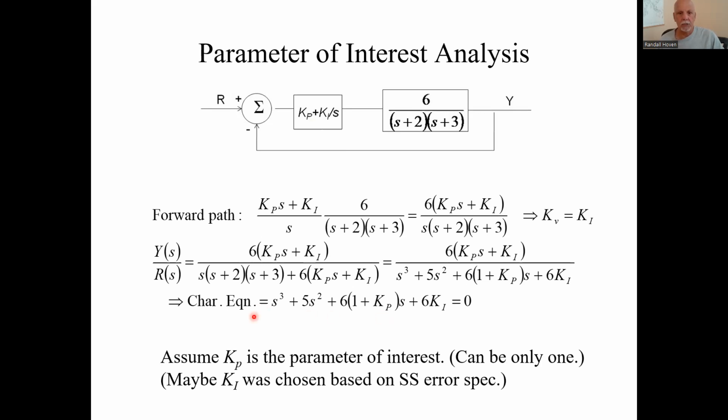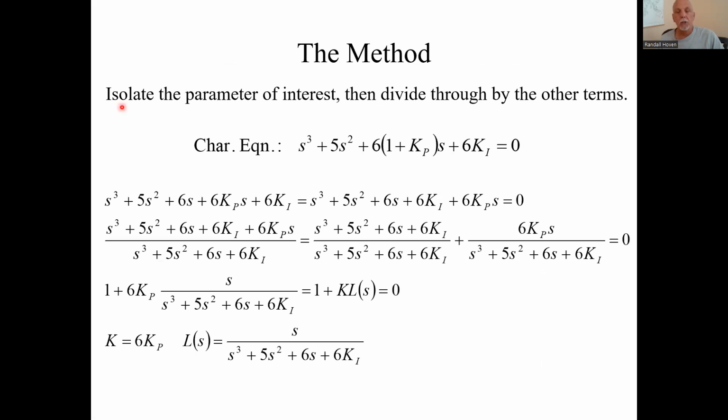And if you do the analysis, here's the characteristic equation in this form as a single polynomial. Kp is our parameter of interest. We only have one parameter of interest at a time. Here's the basic method for parameter of interest analysis. You isolate it in the characteristic equation and divide through by all the other terms.